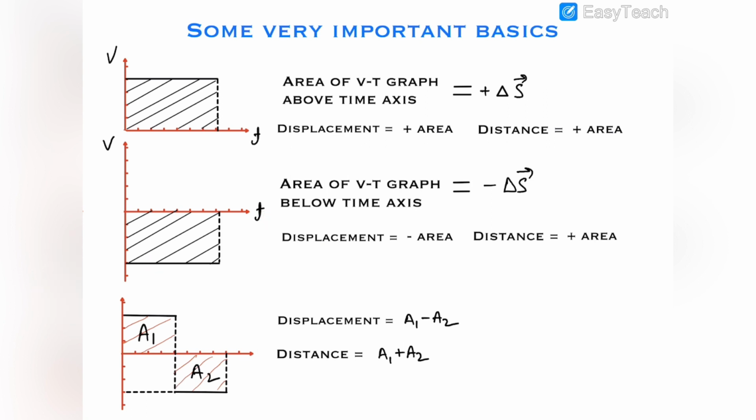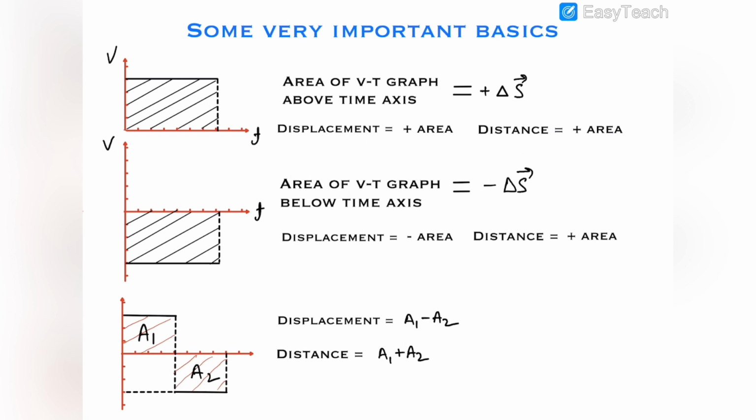So I can say that in this quadrant, which is the VT graph below time axis, velocity is negative. Now negative velocity means that particle is moving in the backward direction, and in backward direction the displacement is increasing in magnitude, although the direction of motion is negative. Therefore we can say that the negative displacement is increasing.